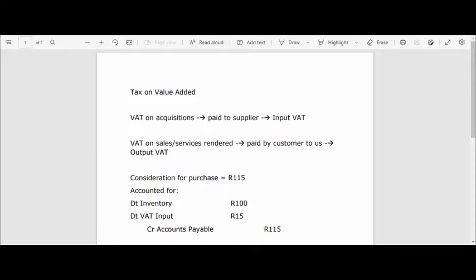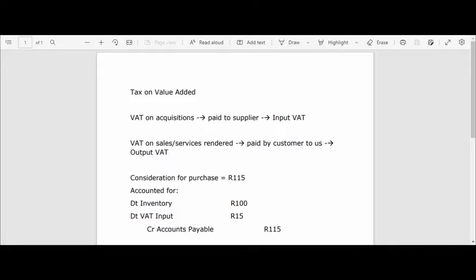So the value that is being added within your business, that is the tax that you are actually going to be paying over. So let's think about two possibilities, ladies and gentlemen. Two would be enough. How can a business add value to the goods and services that it has received or procured?